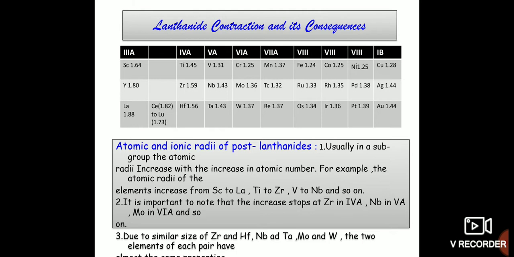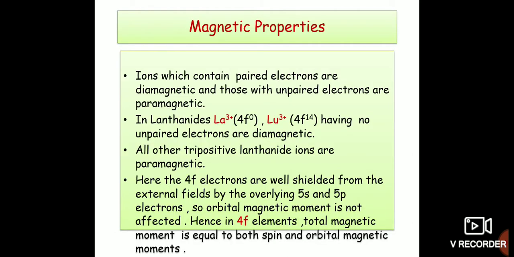And the next and last property is magnetic properties. We know most of the d block elements are paramagnetic and very few are diamagnetic. Ions containing paired electrons are known as diamagnetic, and those with unpaired electrons are said to be paramagnetic.